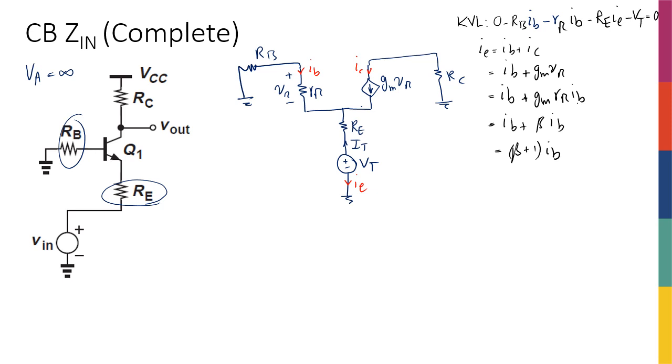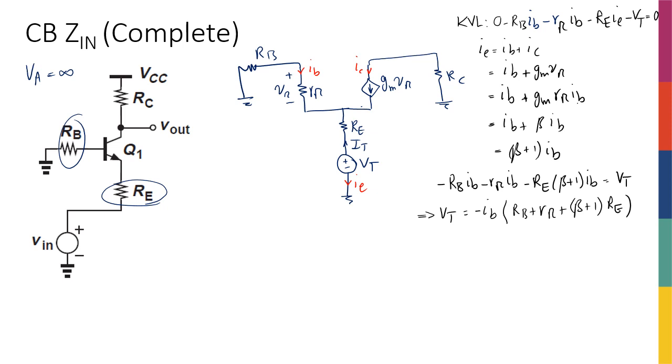Now that I know this, let me rewrite KVL again. It's going to be minus RB times IB minus R pi times IB minus RE times beta plus 1 IB is equal to VT. Good. Everything is based on IB, so VT is equal to minus IB times RB plus R pi plus beta plus 1 times RE.